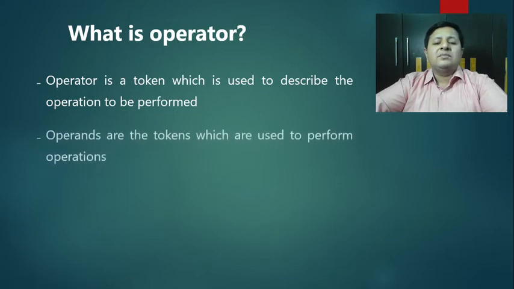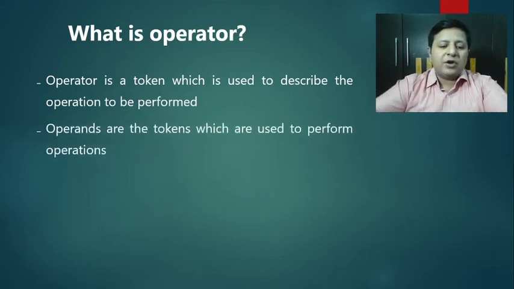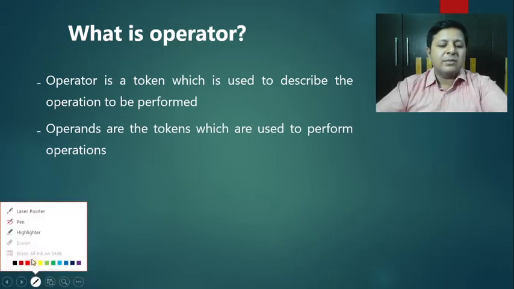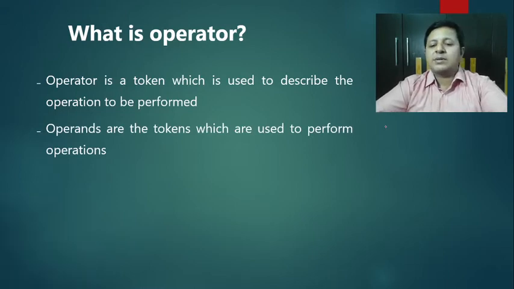If we look at the example, we will also have that in the slide, but let's look at the example separately. If I look at A plus B, then this plus is actually an operator, which is giving you the idea about the operation to be performed.